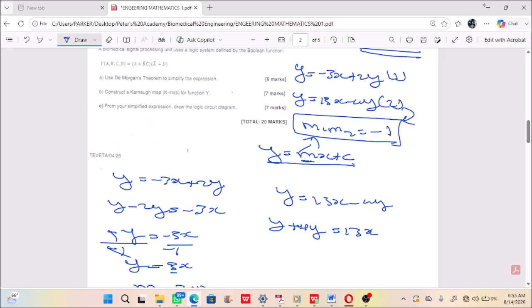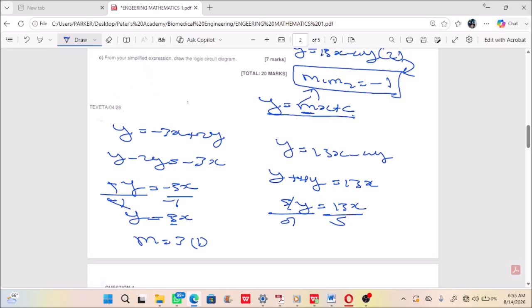What is y plus 4y? That is 5y equals 13x. We divide throughout by 5, so 5 and 5 cancel, and we have y equals 13 over 5 x. Therefore our m2 is equal to 13 over 5.